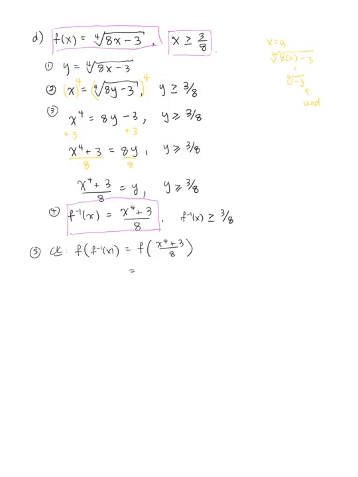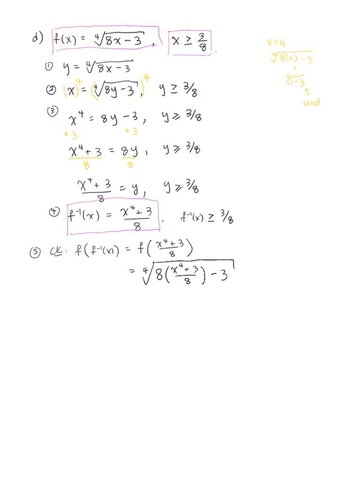So right now we're computing f of f inverse of x. So that's same thing as f of x to the fourth plus 3 over 8. Okay, so now let's look at function f. So you're going to have fourth root of 8 times x to the fourth plus 3 over 8, and then minus 3. Whole thing is inside of the radical.